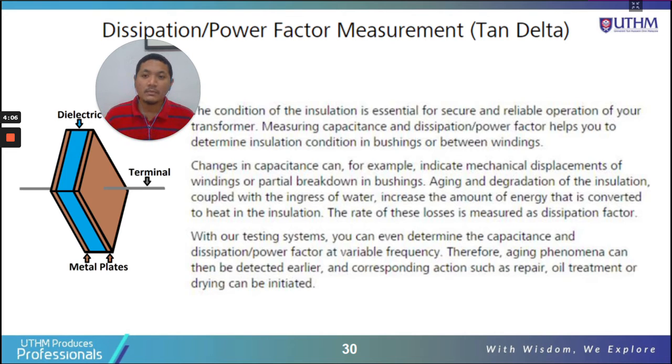Any losses in the insulation material can be measured as the dissipation factor, and besides the dissipation factor, we could also measure the changes of the capacitance. If the value of the capacitance changes, it means that the insulation material has changed, aged or degraded. Several factors have happened to the insulation.